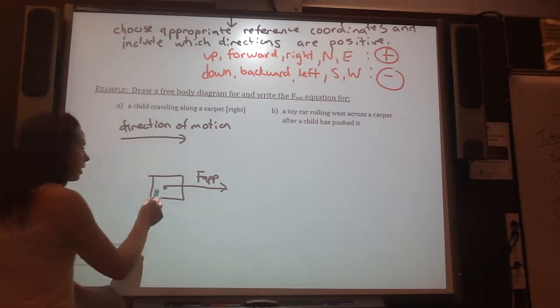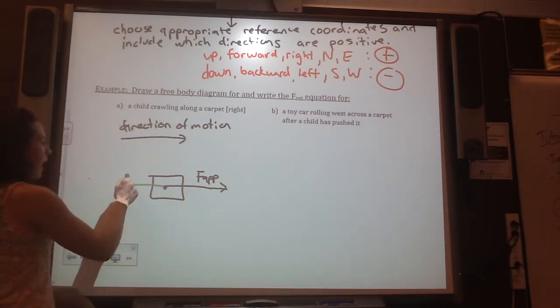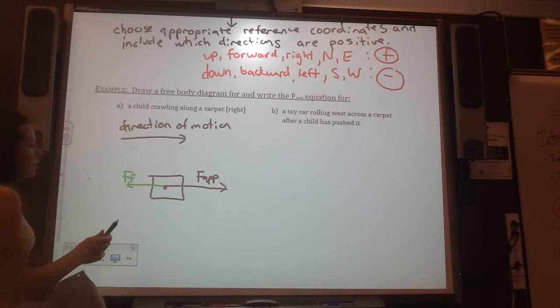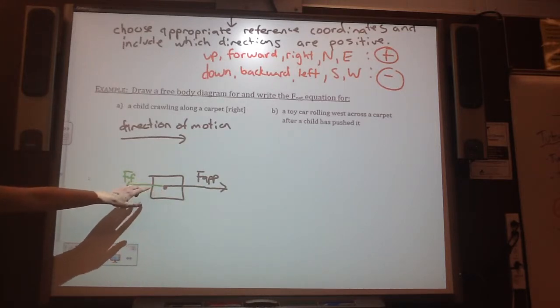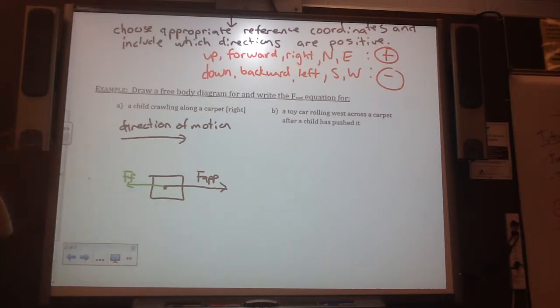Opposing that is Ff, the force of friction. Now I'm going to draw the force of friction a little bit smaller because I know that the child is crawling, so the F-app must be bigger than Ff. It must overcome the force of friction, so friction needs to be a smaller arrow.